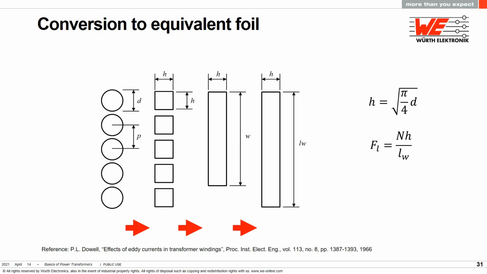To compensate, we calculate a porosity factor, F sub L, based on the number of turns in the layers times the wire height divided by the winding length. Finally, we can calculate phi, which is the ratio of the layer height times the square root of porosity over the skin depth.